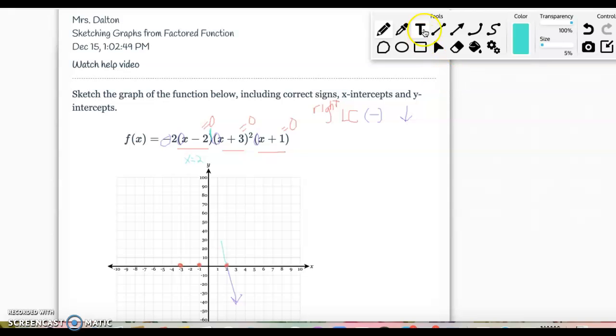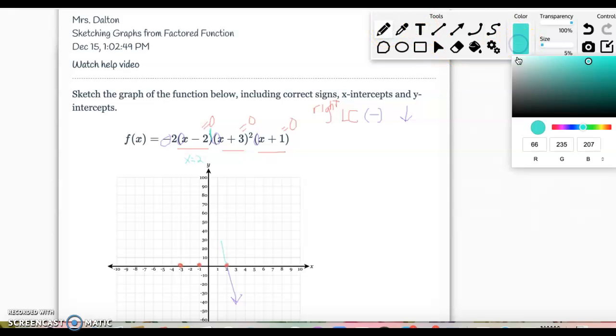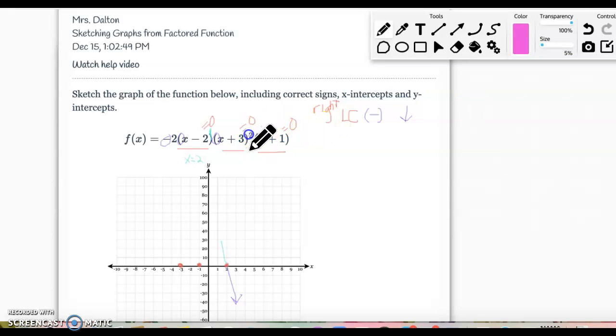Now, if you have a power of 2, so this one right here is a power of 2, and so that's when x equals negative 3, that's going to bounce. So we're going to do that when we get to that x-intercept. It's going to come up to the x-intercept or down, depending on which direction it's coming from, and it's just going to bounce off of it. So it's not going to go through it, it's going to bounce off of it. This one has a power of 1 as well, and so this one will just go through. So we'll do that when we get to it.